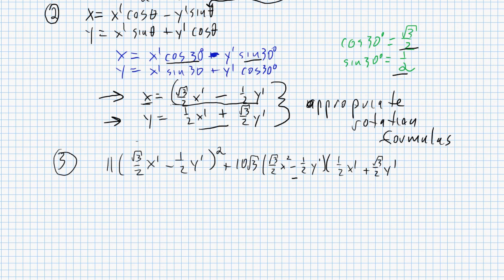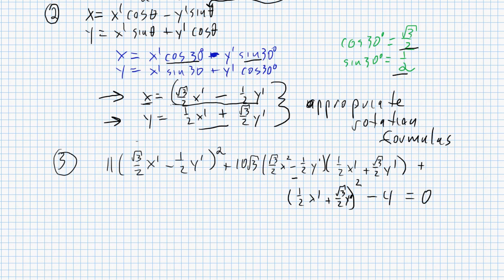There's the y we put in for the y, and then plus the y squared, so I'm going to have to bring this down to the next line: 1/2 x prime plus rad 3 over 2 y prime, squared, there's the y squared, and then the minus 4 is equal to 0. Okay, so there is the equation.